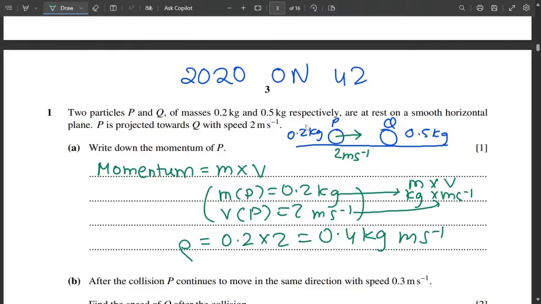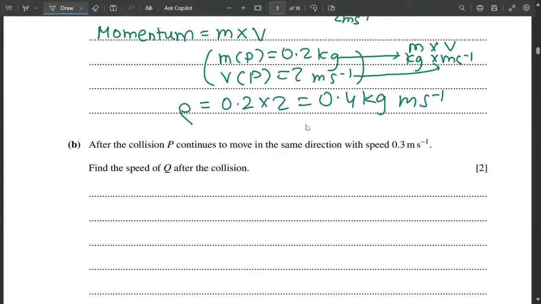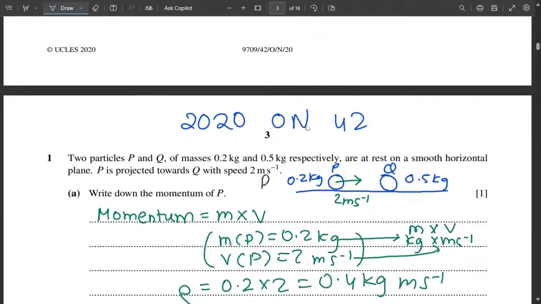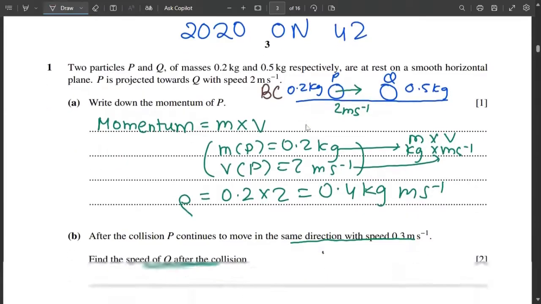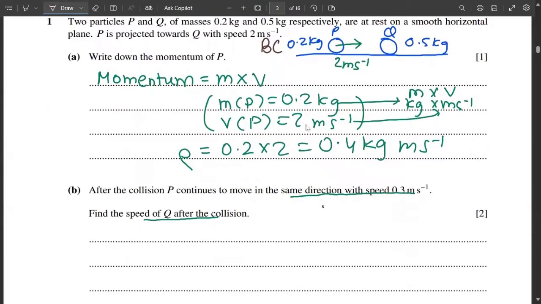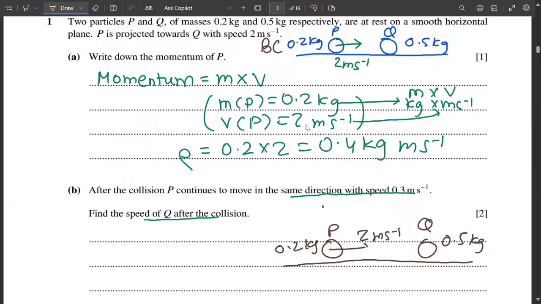Next, after the collision, P continues to move in the same direction with speed 0.3. Find the speed of Q after the collision. Okay, let's make the diagram again. This was the before collision diagram, and let me draw it again. Here is P, here is Q, 0.2 kg, 0.5 kg, moving with the speed of 2 meter per second.